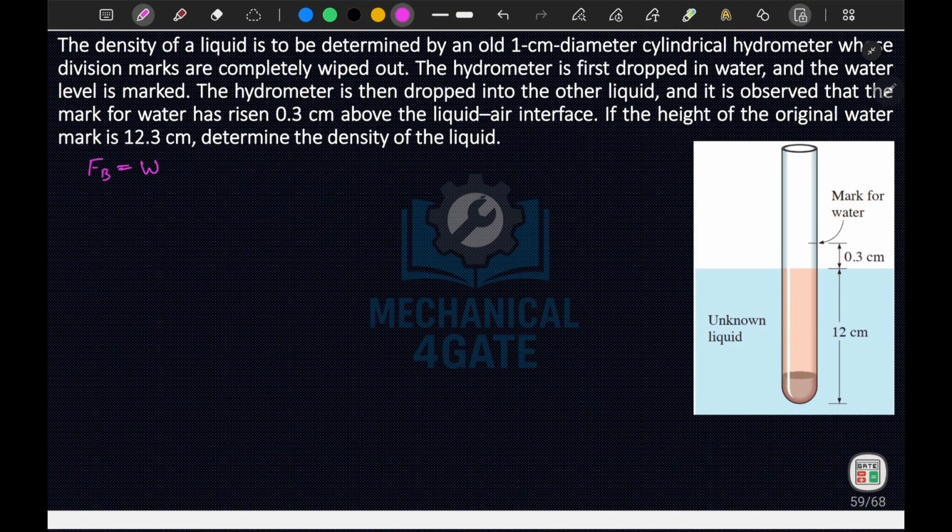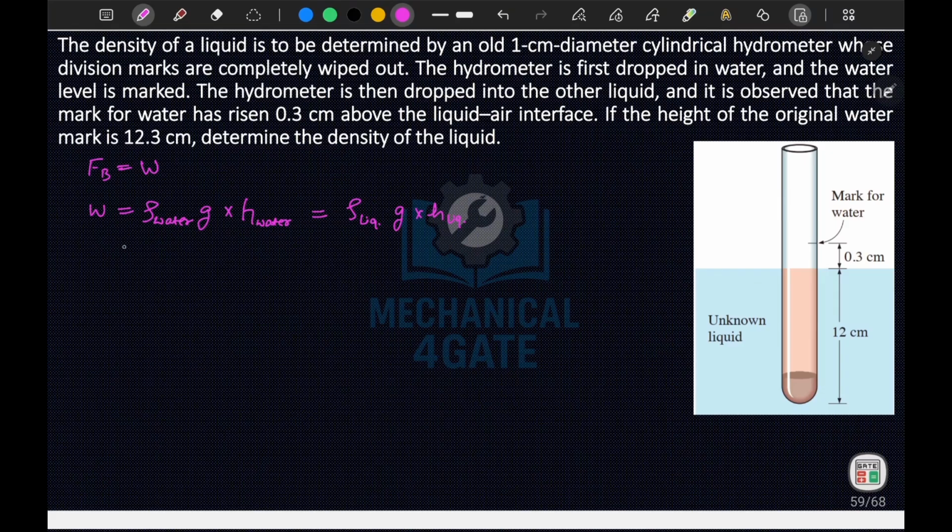So this weight will be equal to the buoyant force in water, that is rho of water g times h of water, and this should further be equal to rho of liquid, the unknown liquid, times g times h of liquid.